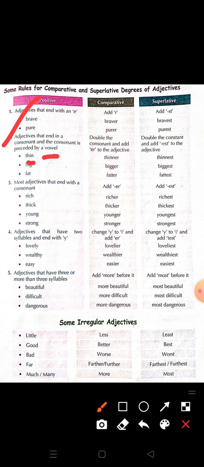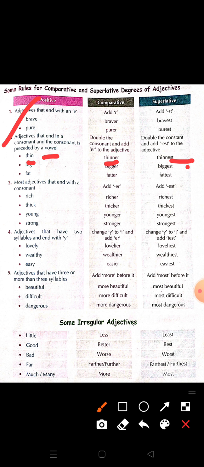So this consonant will double, double n, and then we will add er, so thinner. Then to make a superlative, we will double the consonant and we will add est. So thinnest. So this is the rule. So these rules also you should keep in mind to change the form correctly. If you know the words, you will be able to make it, and you should learn this, or at least keep this rule in your mind.